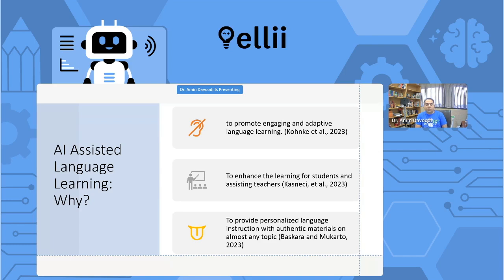The third one is to provide personalized language instruction with authentic materials on almost any topic. So this is very important for both ESL and EFL teachers, but more specifically, I would argue that it is very beneficial in EFL contexts, where a lot of teachers and students do not have access to authentic material. Well, we can argue that these days we have access to the internet, everything can be found on the web.